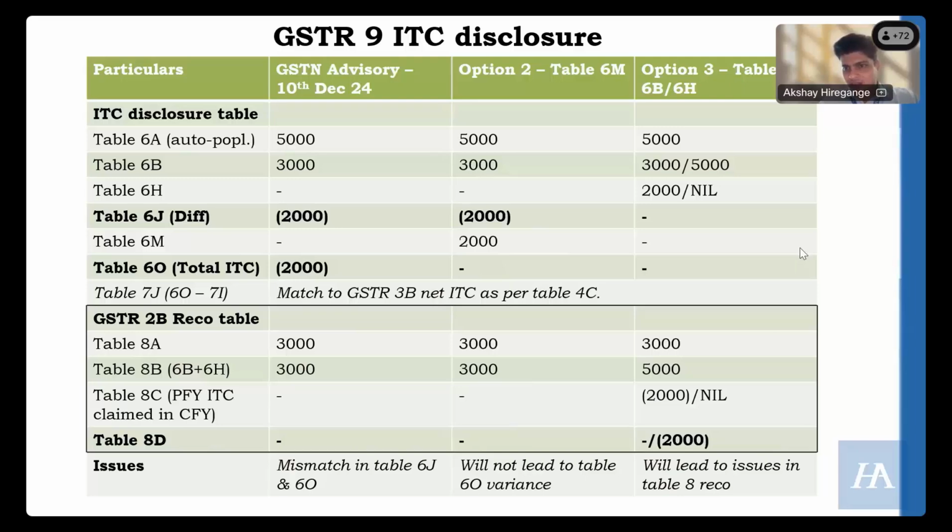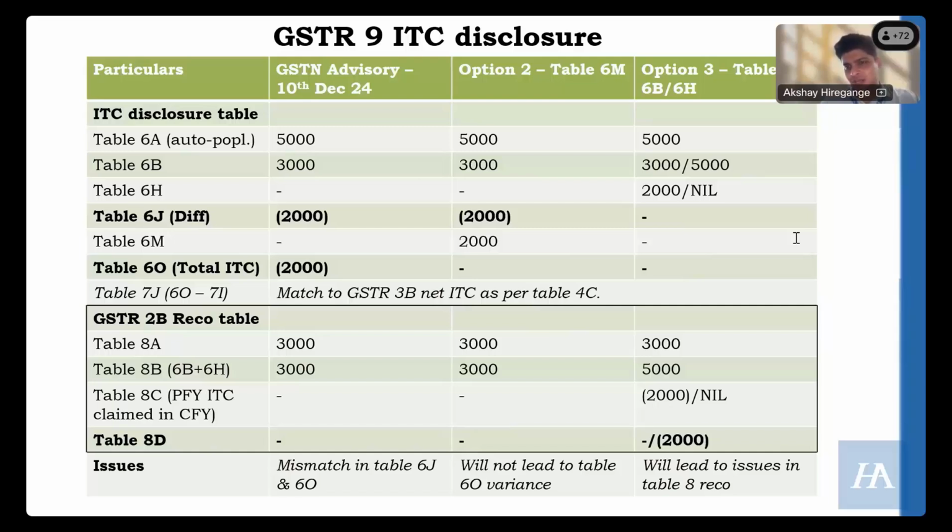Where such RCM paid in 23-24 and the same shown in books, but claimed in 24-25, where is it to be shown? So what I understand is RCM is paid in 23-24, even in the returns, but credit was claimed only in 24-25.